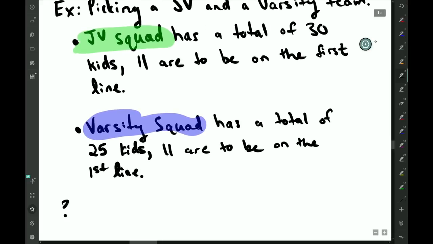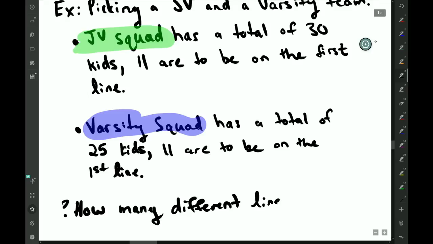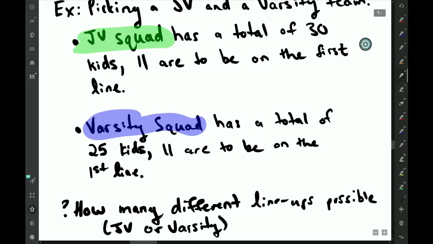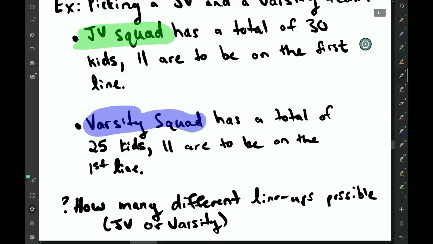So the question is, how many different lineups possible? And that is between JV or varsity. You're simply going to add the 2 particular cases.